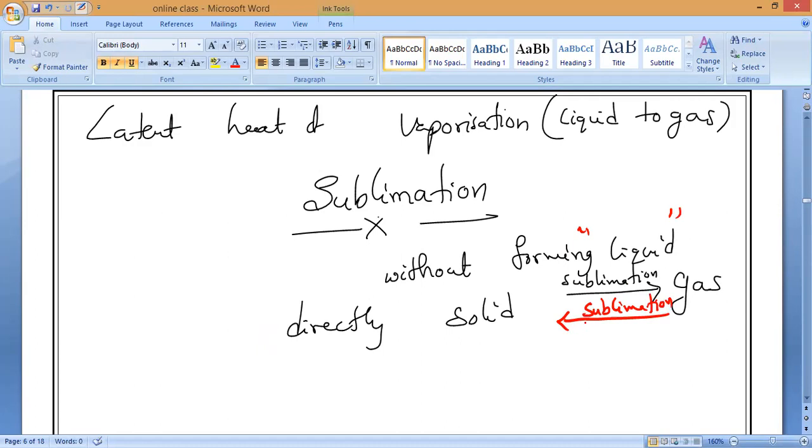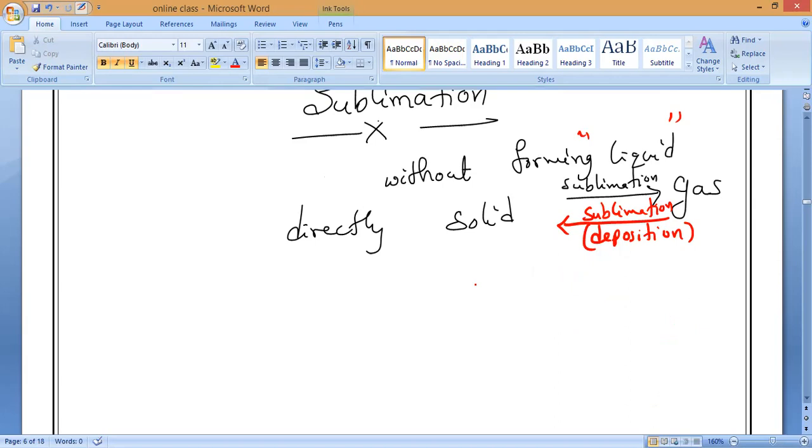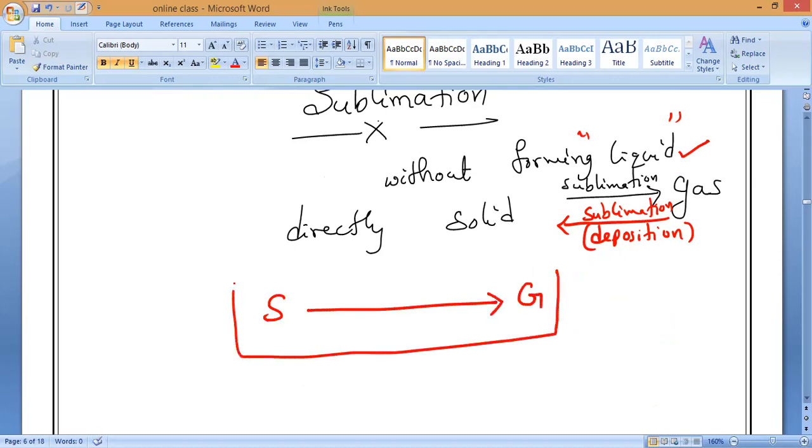But for this one we have another name also, we can call it deposition. But you need to remember only sublimation. So without forming liquid is the most important thing. If you take a solid substance, directly it needs to form a gaseous substance, or else gas to solid directly, which we call sublimation.